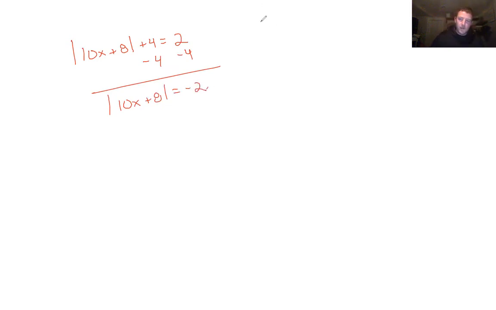So you think about it, absolute value of what could be -2? If I plug 2 in, the absolute value of 2 is still 2. What about -2? The absolute value of -2 is still 2. It always has to be positive, right? So can it ever be negative? Can't.